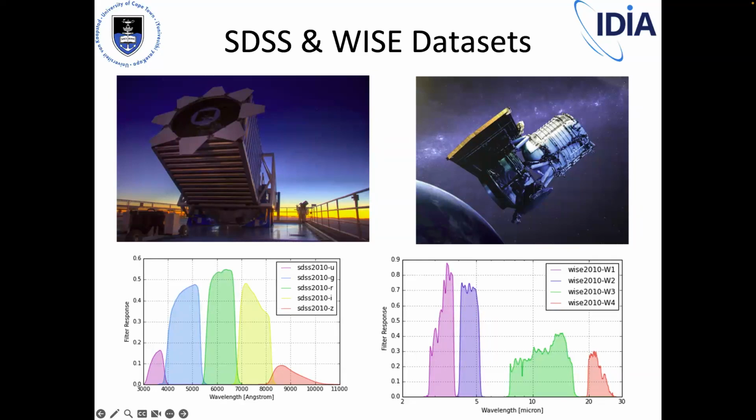It's a telescope that is still operating, launched about 10 years ago, and it's currently operating only in the two mid-infrared bands at 3 and 4 micron, because the other ones were not usable anymore after the telescope ran out of cryogenic gas to keep it cold. So we're only going to be using the so-called WISE band 1 and band 2 in the following.